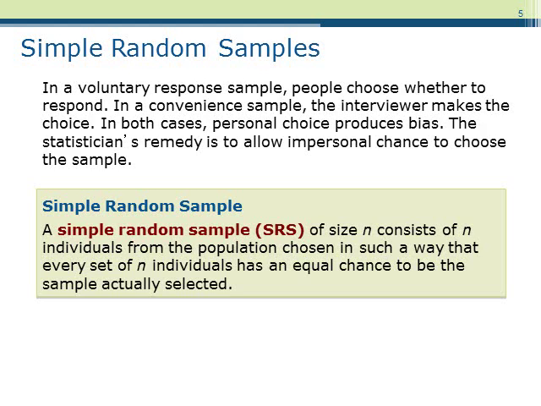To eliminate the bias, what we must do is remove this element of choice, and this is what a simple random sample aims to do. A simple random sample of size n is a sample in which every sample of size n is equally likely to be chosen. In particular, every individual in the population has an equal chance of being chosen, and every group of n individuals is equally likely to appear together.